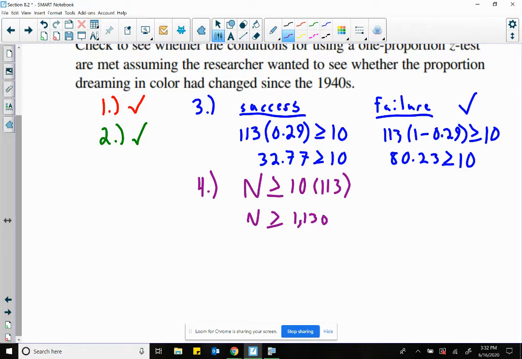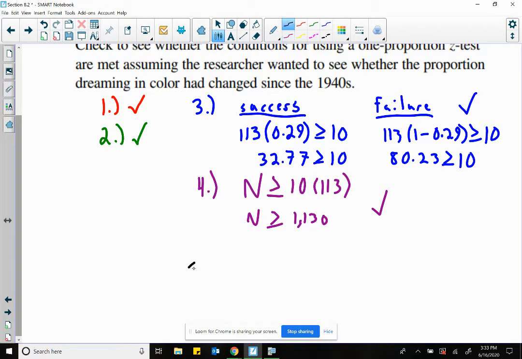And hopefully you agree that it is. So obviously, this is met. The people we're talking about are those that dream. Do you think there are more than 1,130 people in the world that dream? Absolutely, I think so. Okay, so conditions are met.